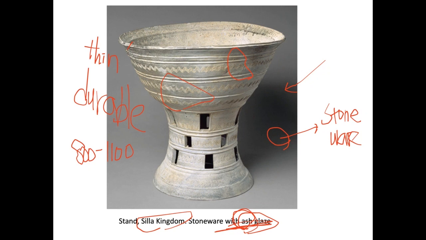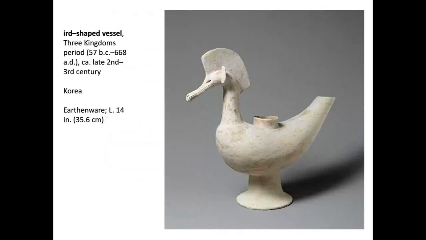So this is around like a 7th century technology, but from the 7th to 8th, 9th, and then if you go to the 11th century or so, you're going to start to see that rudimentary celadon of the Goryeo dynasty. In the beginning, it's not very elaborate, but you are going to see the same technological innovations. And then it's a bird-shaped vessel.